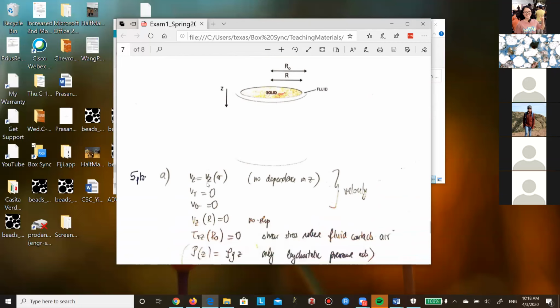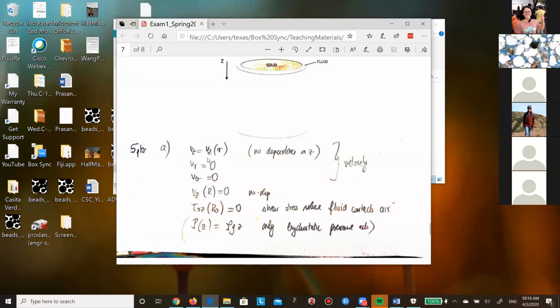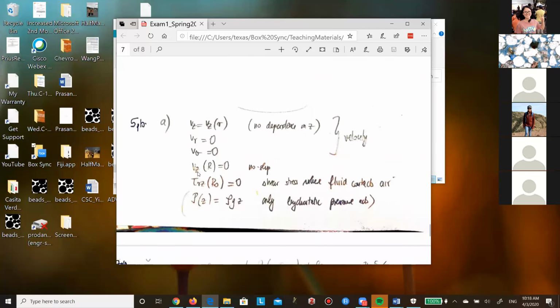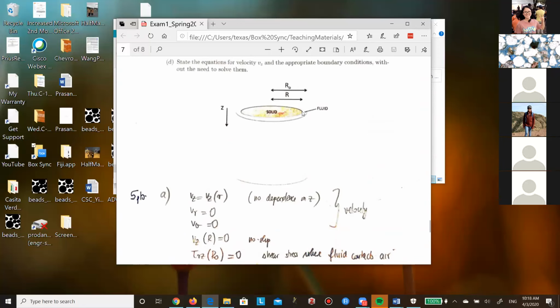Now, Vz is a function of r by assumption. Vr in itself is 0, so there's nothing going in the radial direction. V theta is 0, so there is nothing rotating in the theta direction. And I'm assuming boundary conditions: no slip on the solid wall here.